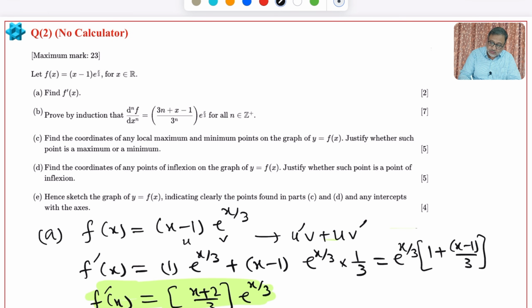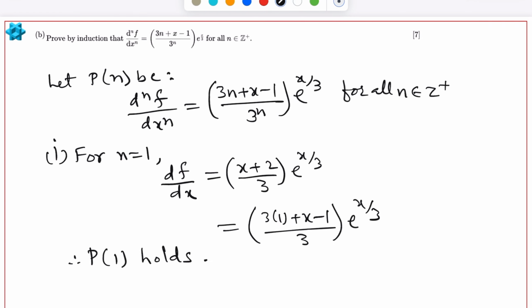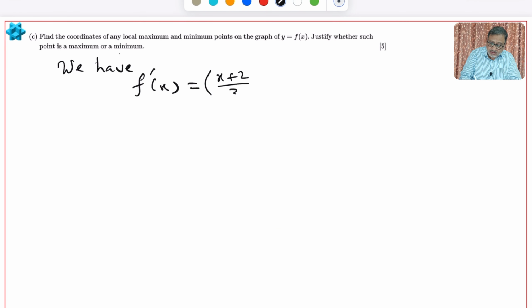x plus 2, look here, this is f dash of x. x plus 2 over 3 into e raised to x by 3, right? This is the derivative. We will take it equal to 0.